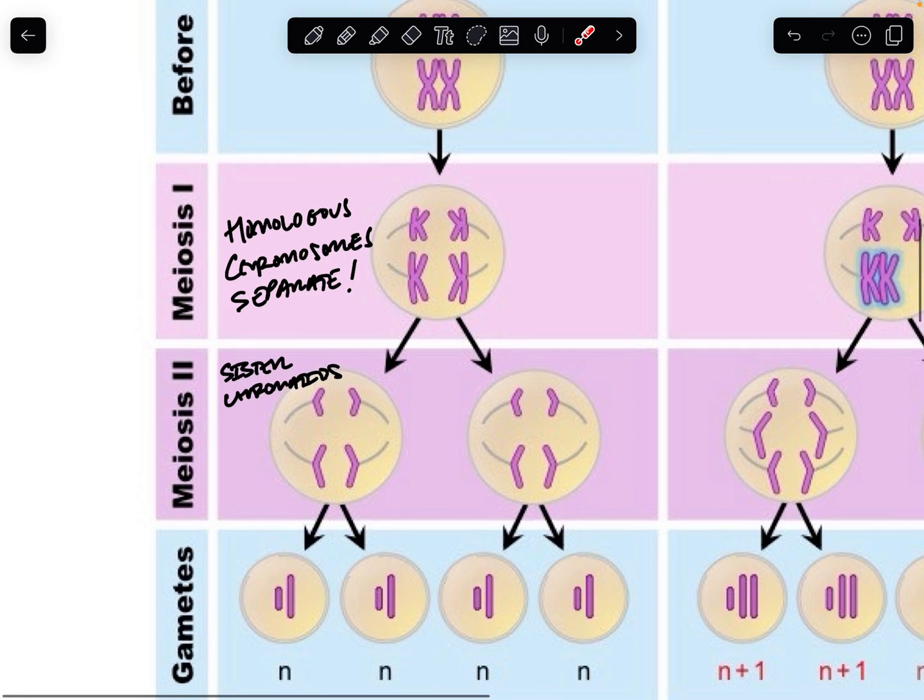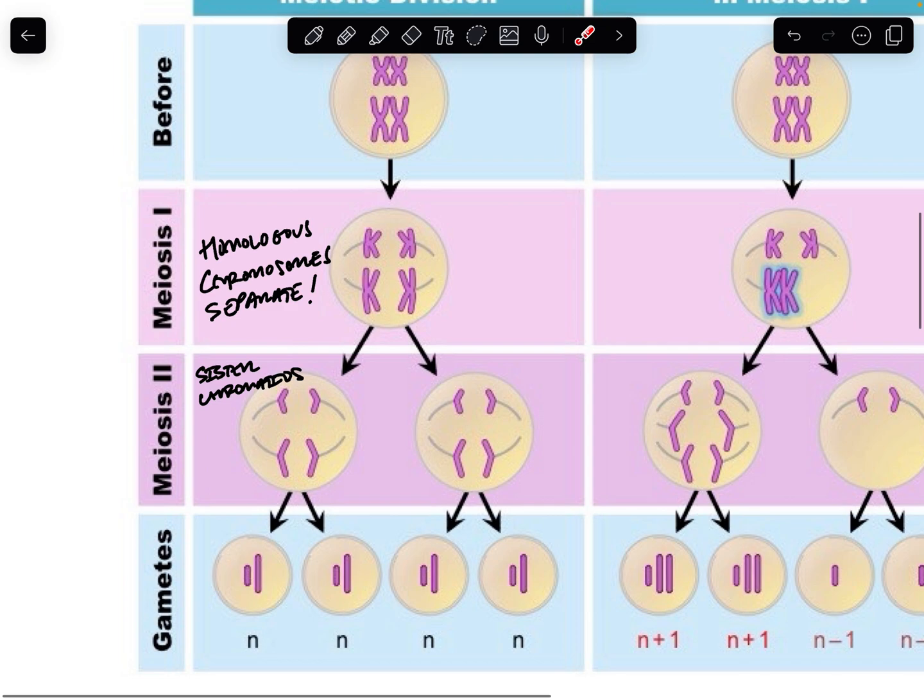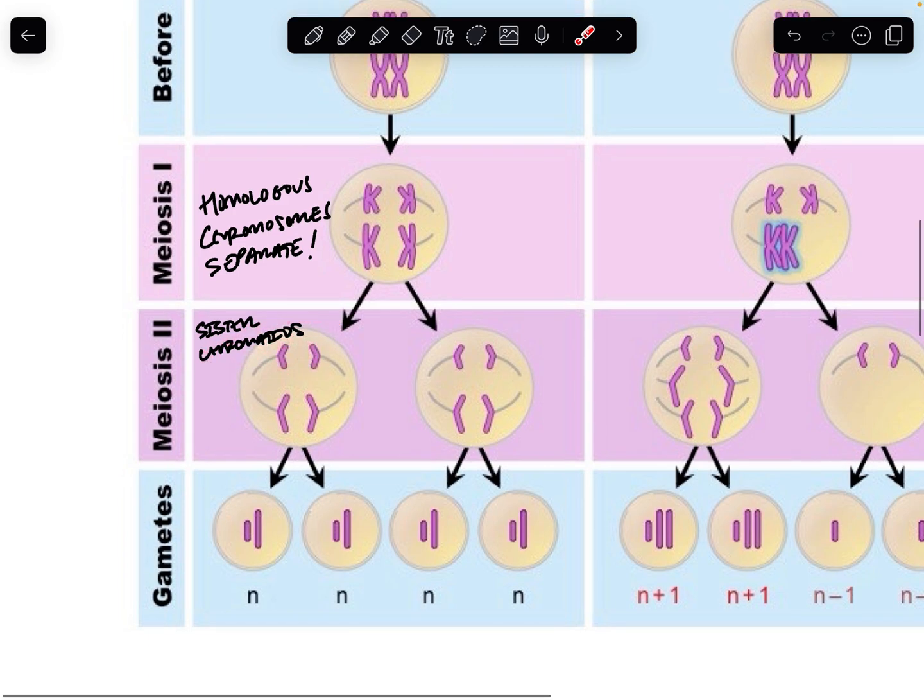In meiosis, this isn't quite true because during prophase, we have crossing over. So we end up with these chimeras, these mixtures of DNA that you got from your biological mother and DNA that you got from your biological father on these sister chromatids. But anyway, sister chromatids are separating during anaphase of meiosis 2.